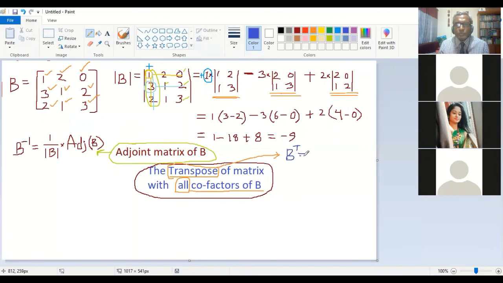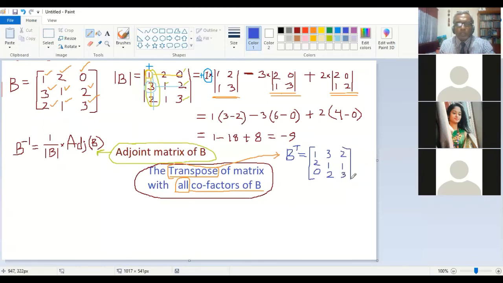B transpose will have 1, 2, 0 as the first column because it was the first row, the second column will be 3, 1, 2 because it was the second row, and 2, 1, 3 will be the third column because it was the third row.